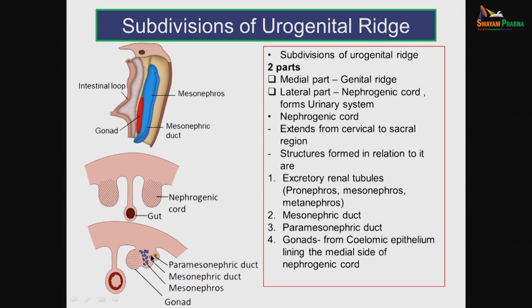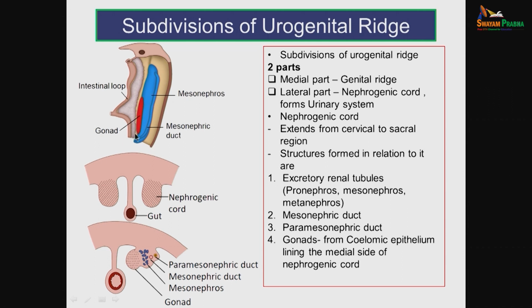Lateral to this there is a duct called the mesonephric duct, and still more lateral to it is another duct called the paramesonephric duct. Medially will be the developing gonads. Let us orient this to the first picture.